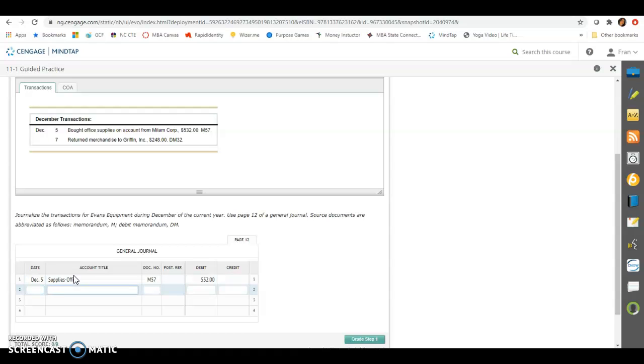And this is where it's going to be a little bit different because we're saying accounts payable / Millium. Let's type this right.